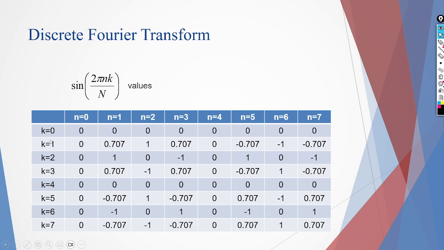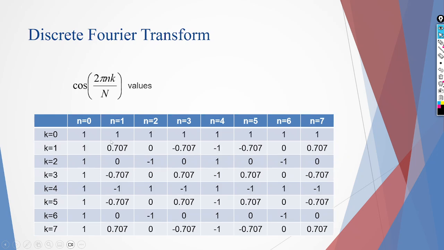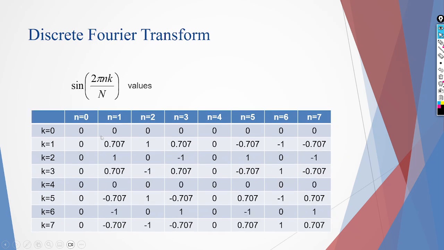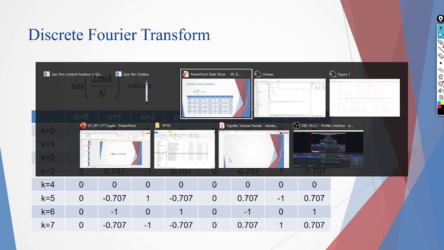So basically I want to create the same matrices now. I can do this by specifying this as a row vector and this as a column vector. K is column, N is row. So let's try to do that.